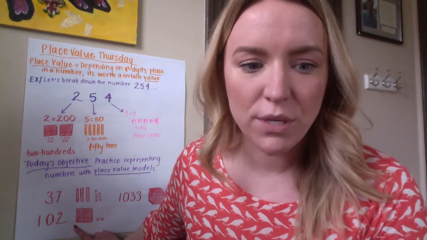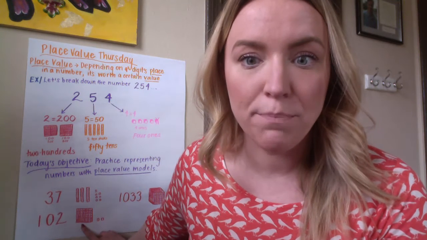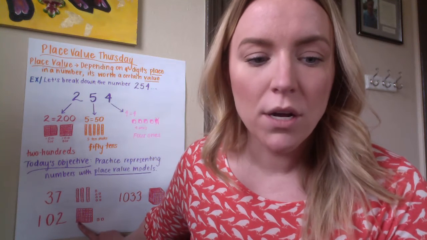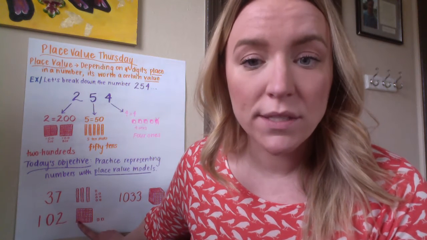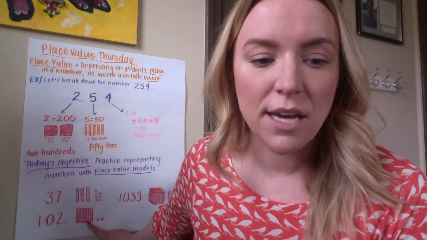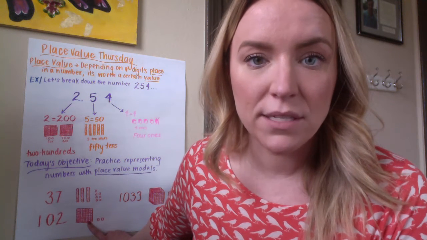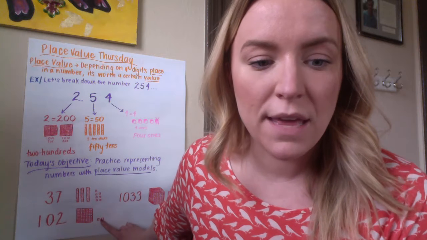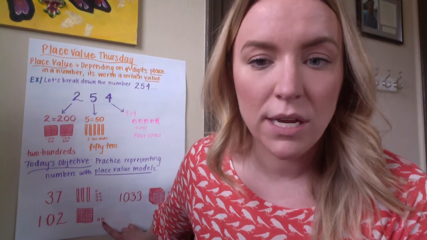102, we can represent this using a 100 box, or 100 of these ones clumped together, or 10 of these 10 sticks stuck together. It's going to equal the same thing. It's going to be 100. So 100 and then 2 ones would equal 102.